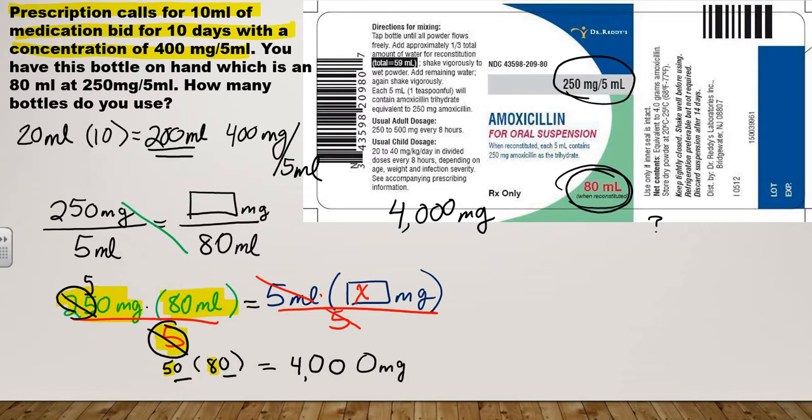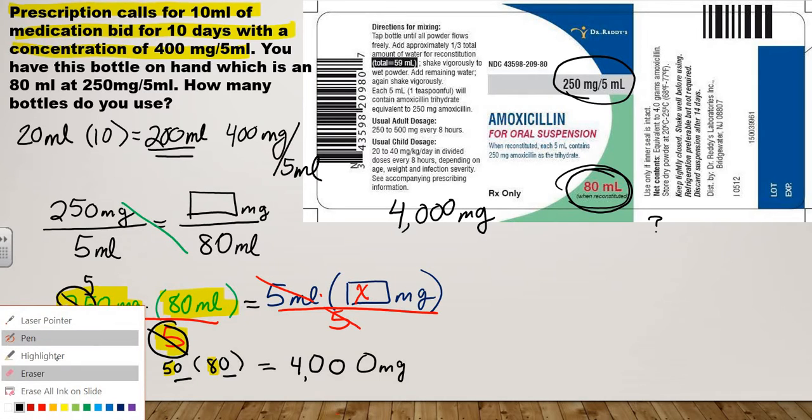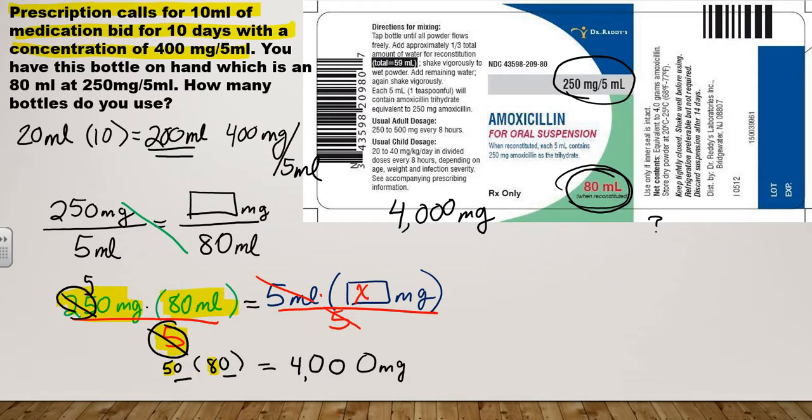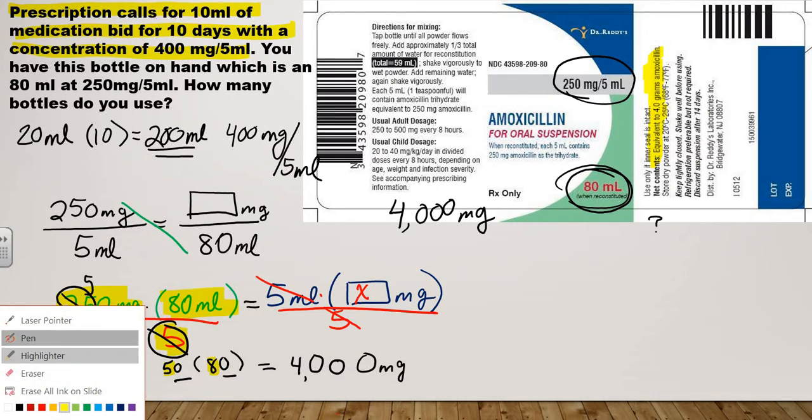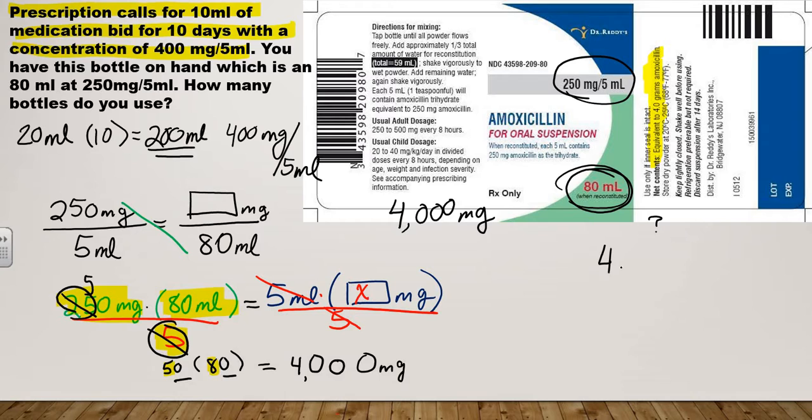Okay, now look really carefully. It actually tells you on the bottle right here that it contains 4 grams. Okay, 4 grams, which is exactly correct because there is 1,000 milligrams in a single gram.